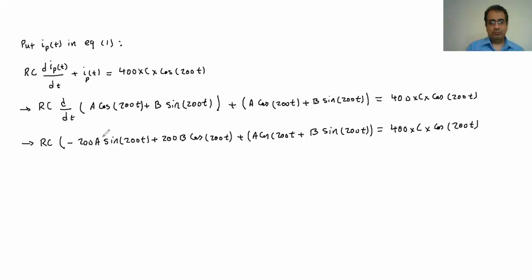So if I simplify that equation, we know that R is 5 times 10 to the 3, the value of the R, and C is 1 times 10 to the negative 6.